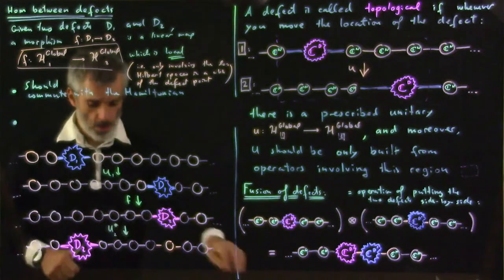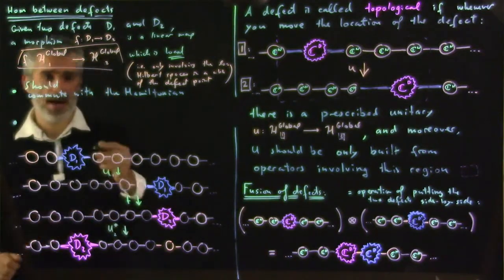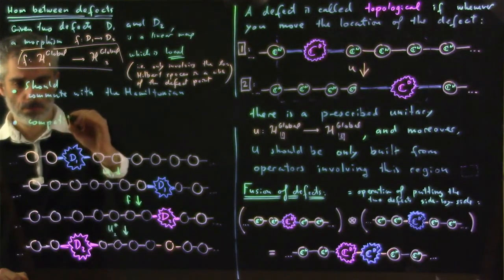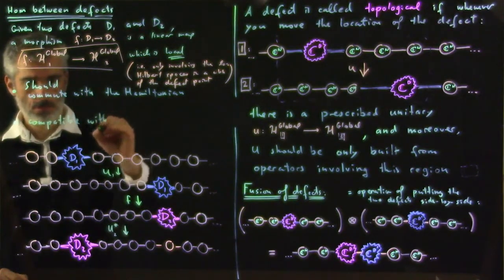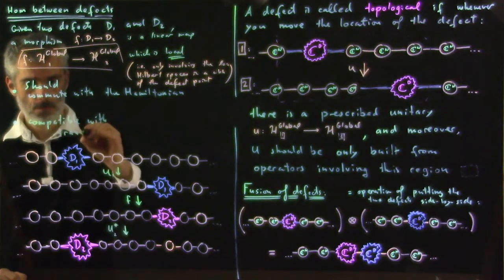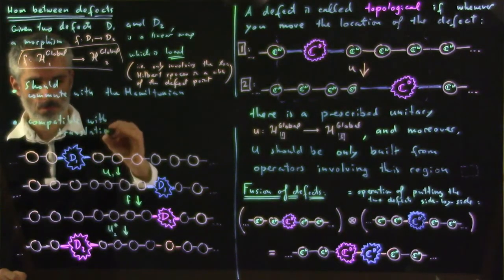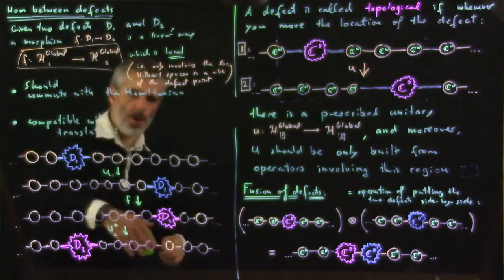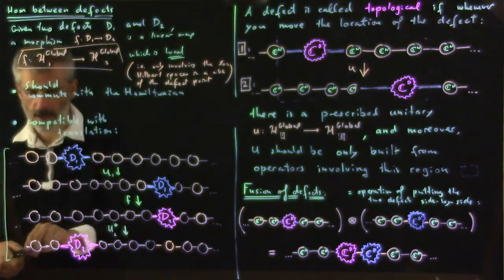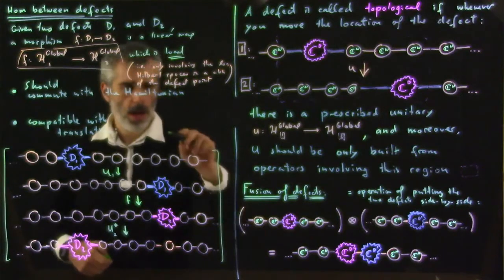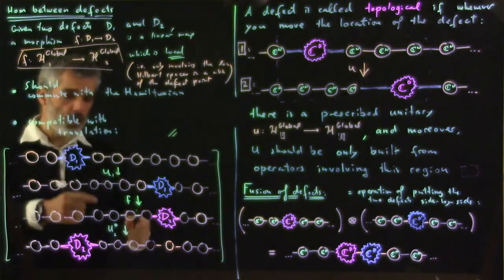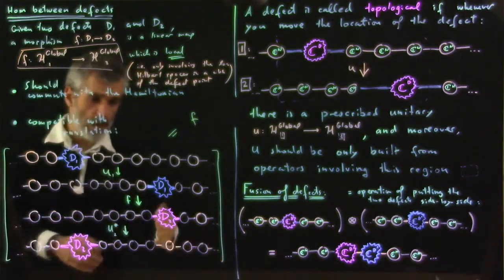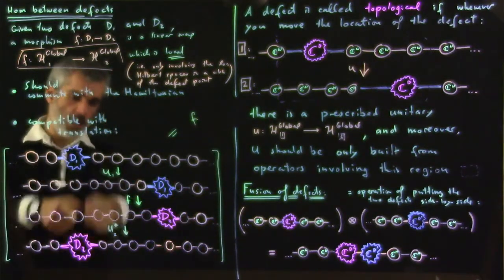And so what do we mean when we say that this should be compatible with translation? Well, what we mean is that this whole composite here, this big thing here, should be equal to F, where F is now implemented not at this location, but at this location.